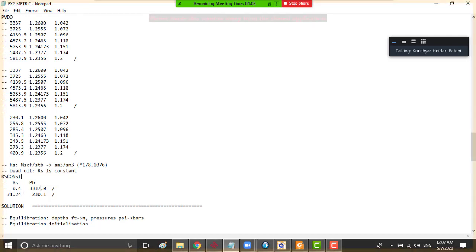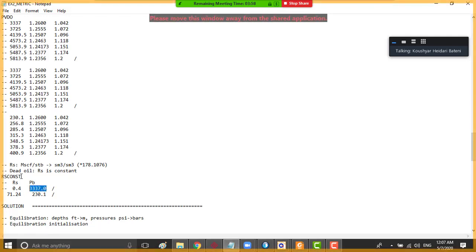And when you convert this value in the field system to the metric system and you divide it by 14.7, you're going to reach to this. Okay? Now, that is everything you need to know about the props section.